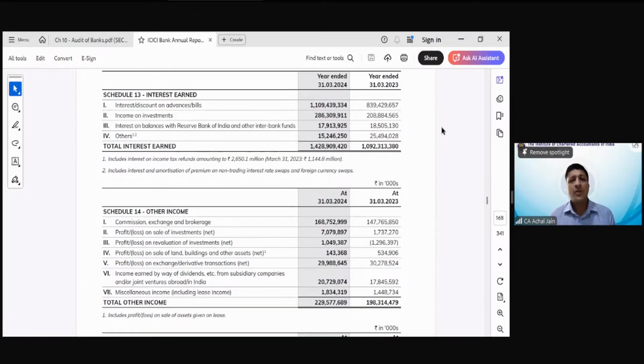If the bank has sold any other asset like land, building. Bank also enters into various instruments which are called derivatives. So if there are any gains or loss on that, if the bank has earned any dividend, if the bank has earned any rental income, all of these are other income, because these are not the core areas.